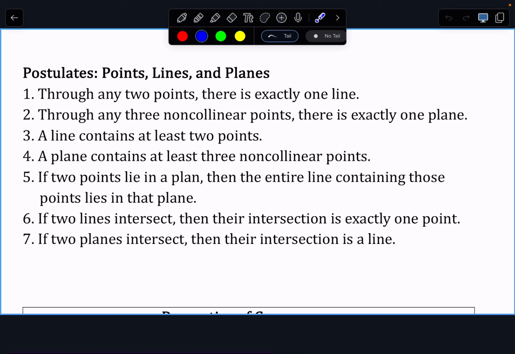Okay? If 2 points lie in a plane, then the entire line is in that plane.